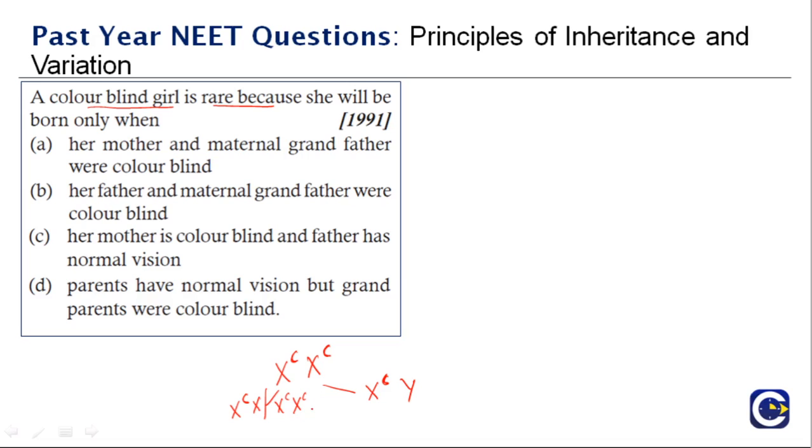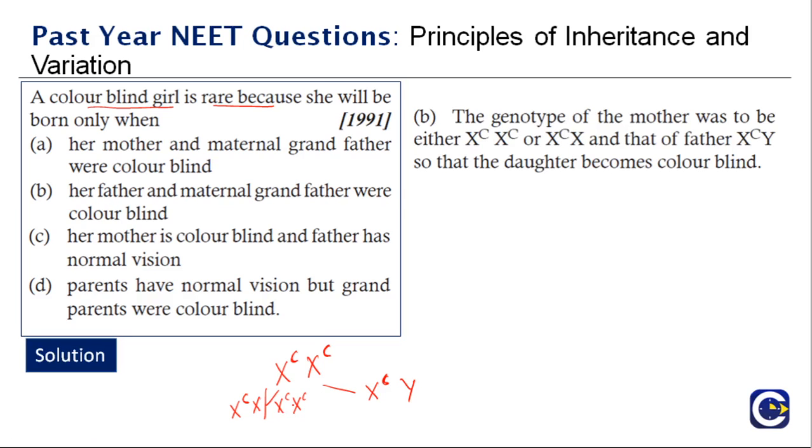So if her mother was color blind and her maternal grandfather was color blind, then will she be color blind? No, because her father also definitely has to be color blind. So first look for options where definitely her father is color blind. You see, her father and maternal grandfather were color blind.